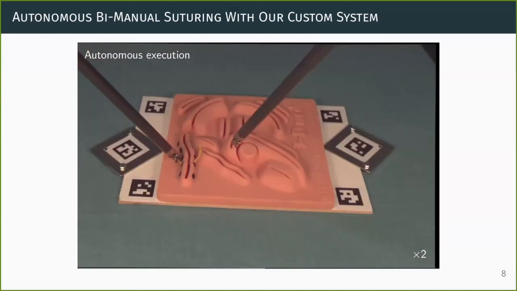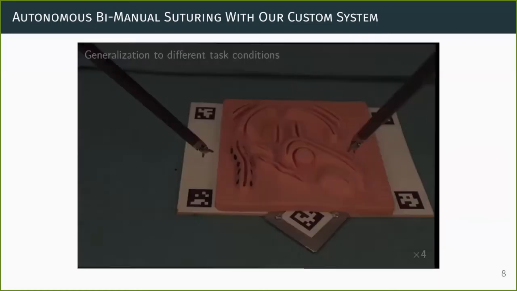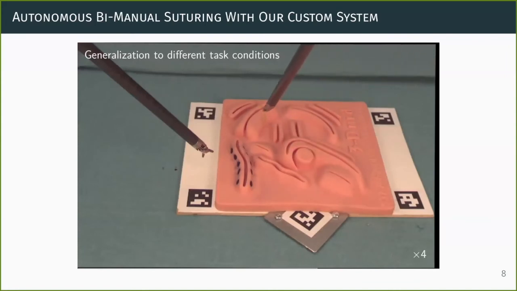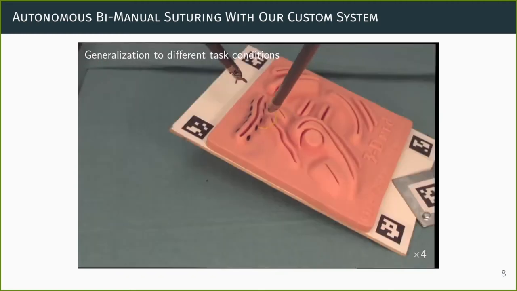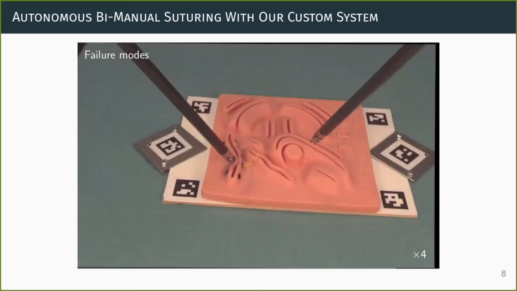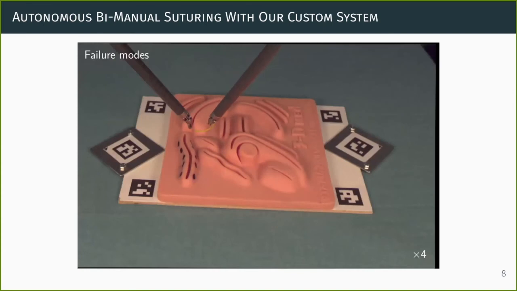That is the initial location of the needle and the insertion points. So these are different task conditions. It didn't always go as we wanted it to. So here are some failure modes.